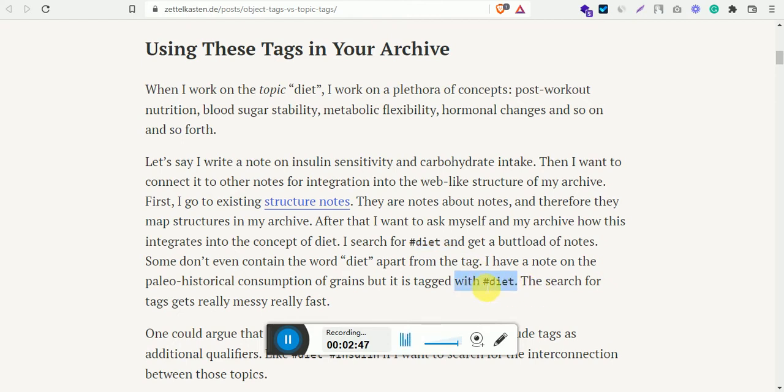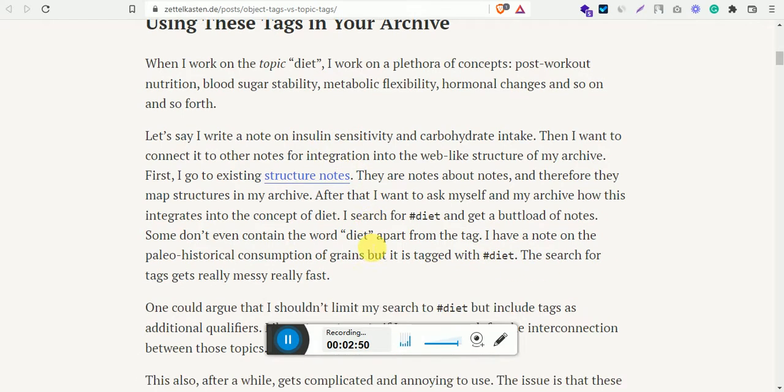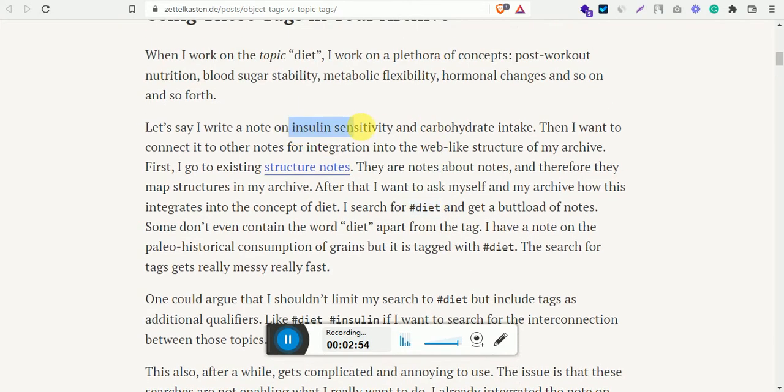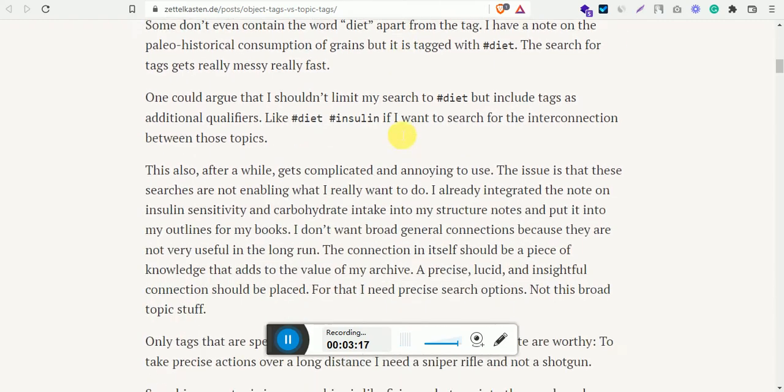But when you search for diet, you are not relating insulin sensitivity to it particularly, because you might be searching for what to eat for a particular period of time, what to eat at night, for example. Then it's not connected to insulin sensitivity, but you will end up with lots and lots of piles of thoughts in front of you, and that will create a complex system for you.